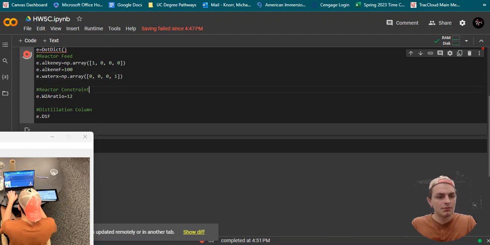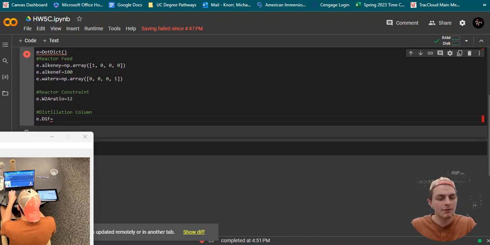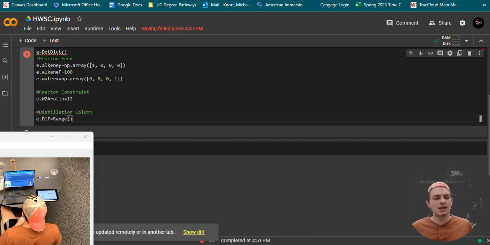So we need to put this in our D1 feed flow, and what that's going to be is a range, right? Range is anything we do not know, and we need to provide some sort of initial guess as well as some bounds.